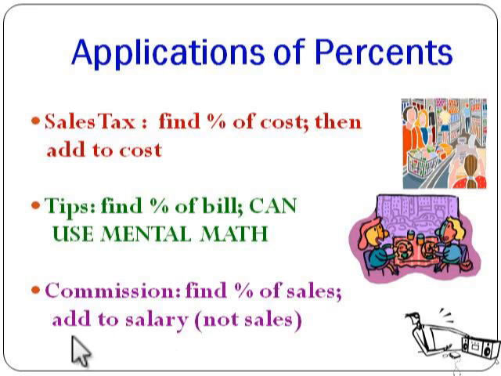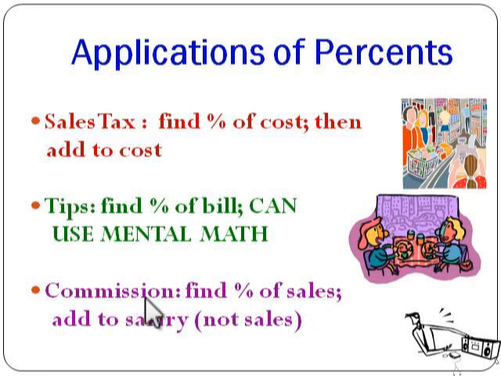Sometimes you have to add that to a person's salary, and sometimes the commission is the only thing they're looking for, so you'll have to watch the directions. Sometimes they'll just ask you, what is the commission? If that's the case, you're simply finding the percent of the sale. So if you sell a house for $100,000, you get 5% of that. You're taking 5% of $100,000.